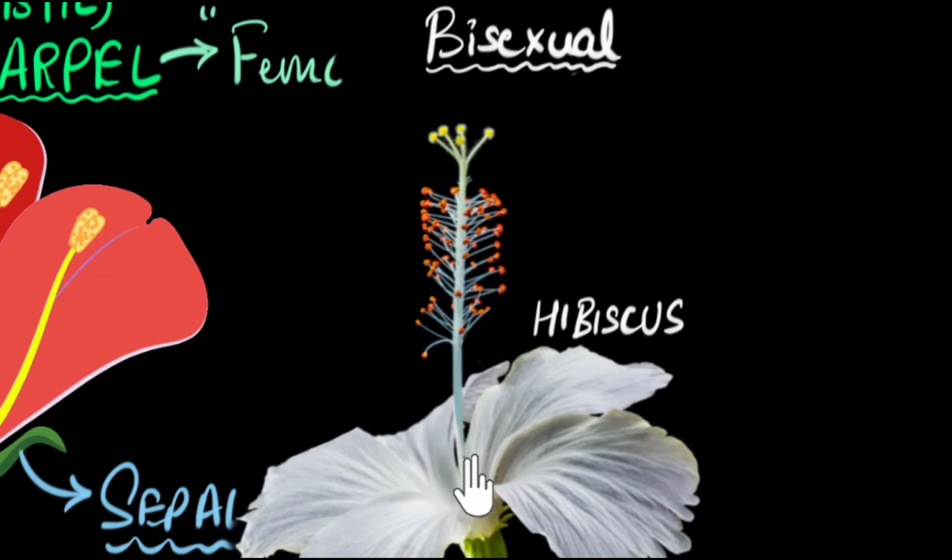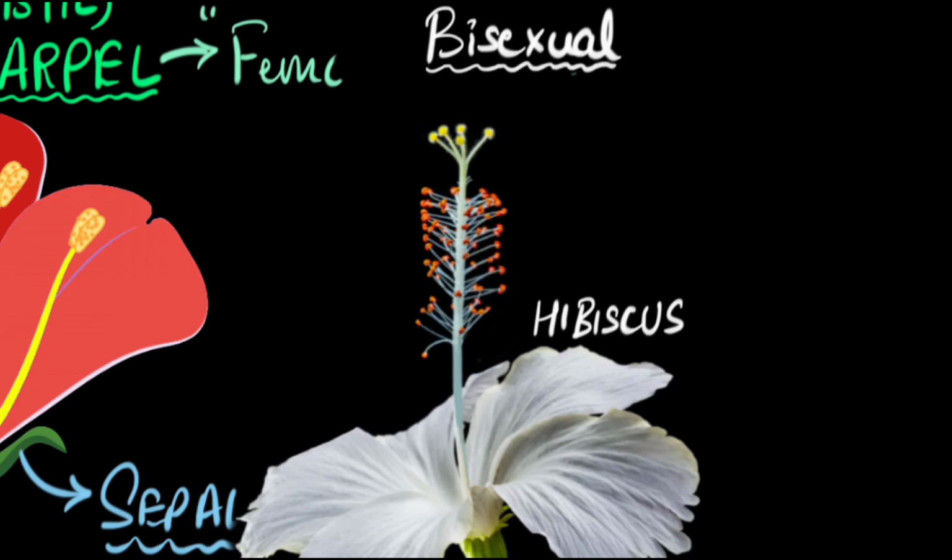If you look carefully, you can see this female reproductive part, the carpel. Of course, the carpel is a little complicated. You can see 1, 2, 3, 4, 5 carpels fused together. But what's important is that you see the female reproductive part and you also see the stamens over here. These are all the stamens, the male reproductive part. Because both are present, this is a bisexual flower.